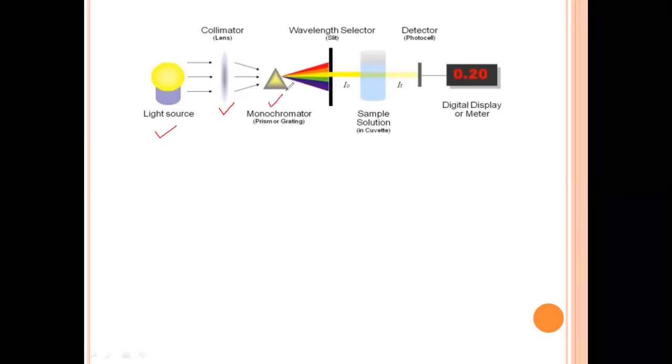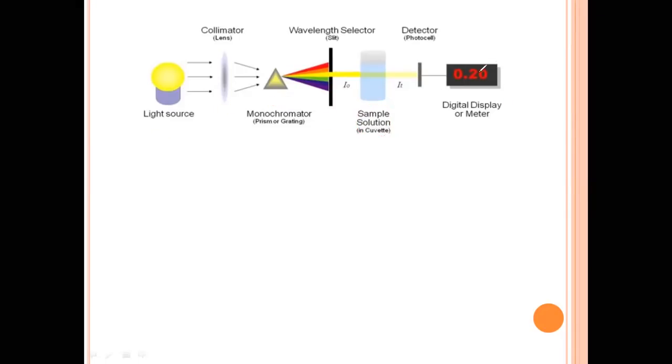You have your monochromator. Okay, so we have other available monochromator, depende kung anong gusto nyong gamitin. You have the wavelength selector or also known as the exit slit. You have the sample solution that is in the cuvette, the photo detector, and the digital display or the readout device. Okay, so it's either of those.